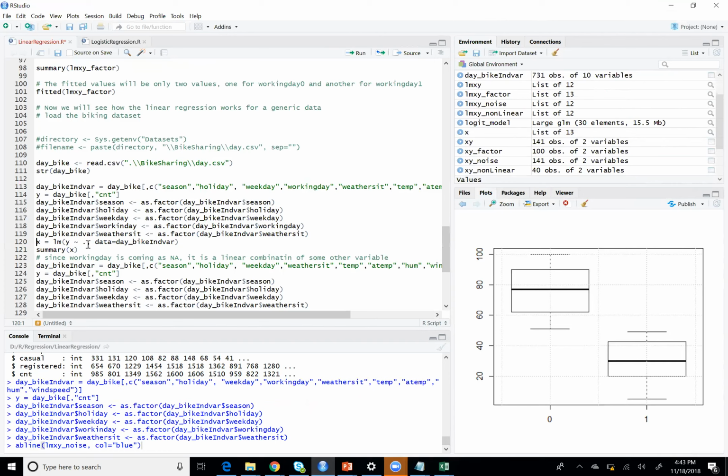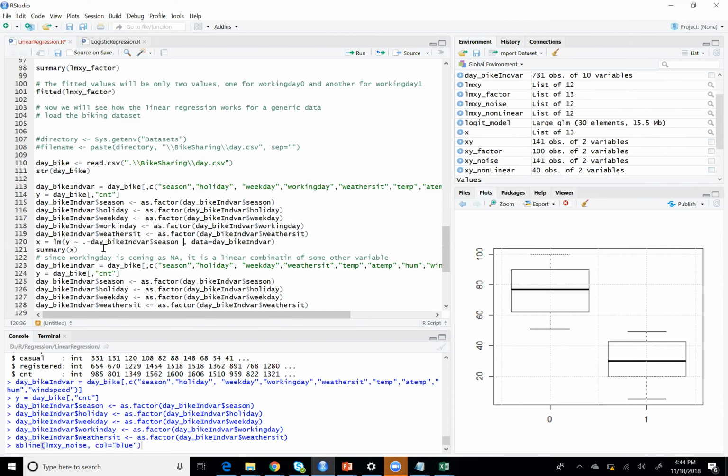You can also remove certain features if you want. How do we do that? We do dot minus, and you can pick one feature. For example, if you don't want season, you can just say bike data minus season. That means you're taking all the values but this one.